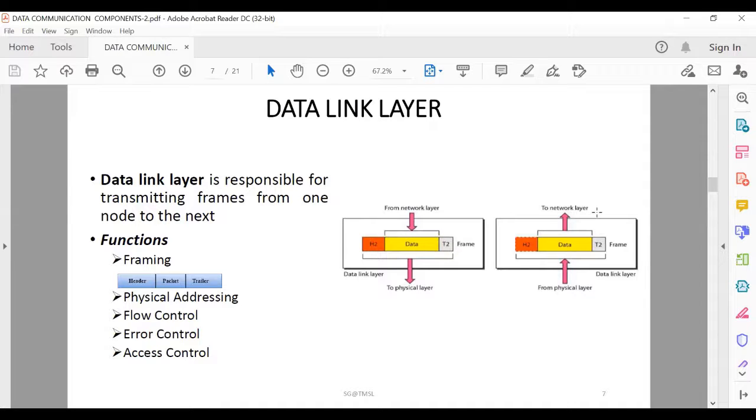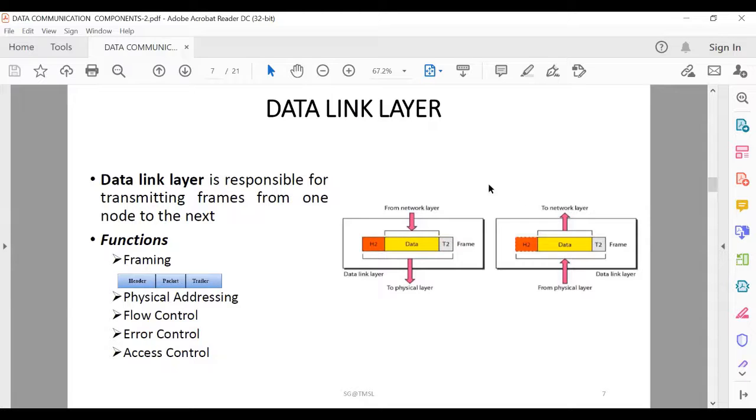It is mainly responsible for the unique identification of each device that resides on the local network. That's why it is connected via two sublayers: one is called the logical link control layer, another is called the media access control layer. I will not discuss these sublayers here, just a reminder of how they are connected.